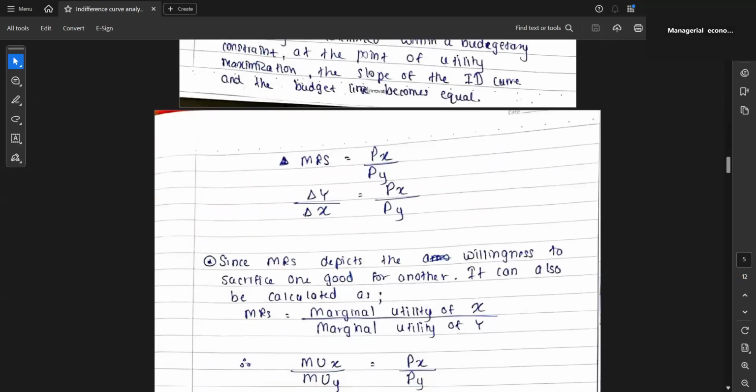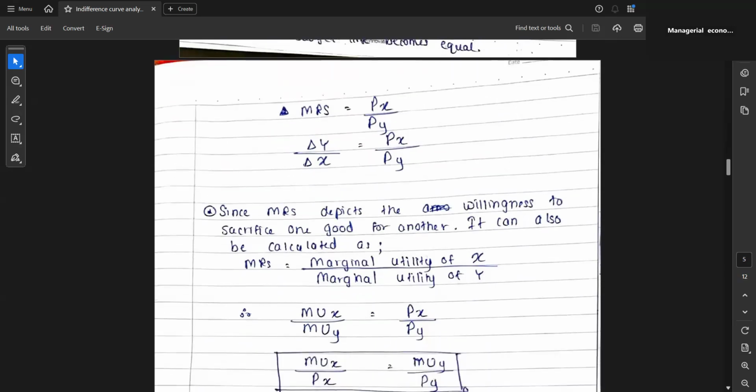If you want to increase your utility, you have to go for the highest indifference curve that the budgetary constraint is touching. At such a point, the utility maximization point, the slope of the budgetary constraint and the slope of the indifference curve, that is the marginal rate of substitution and the marginal rate of exchange, are equal.